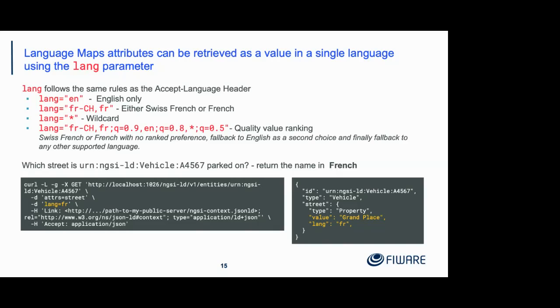Or you could actually use quality ranking, which is saying, give me Swiss French or French. Failing that, give me English. Failing that, give me something else. Now, in theory, if you look at the language header, it is possible to give you a 404 if it can't supply the language in question.